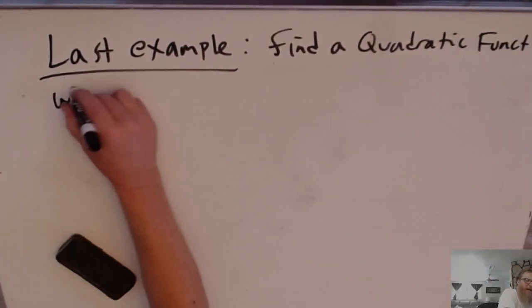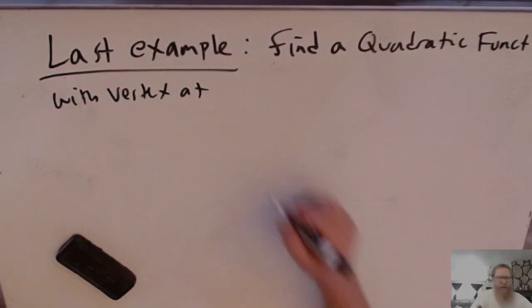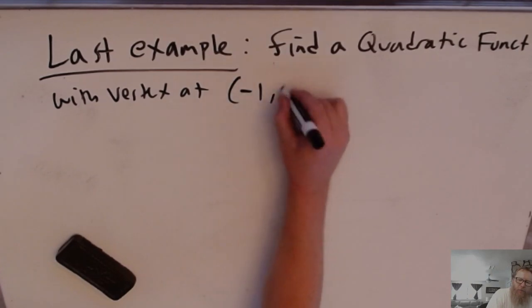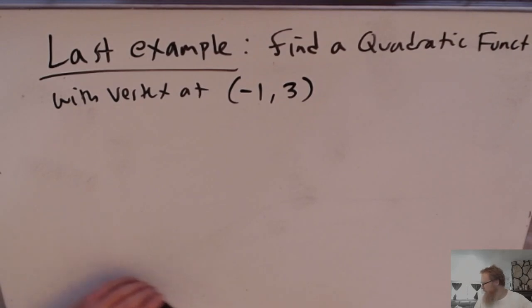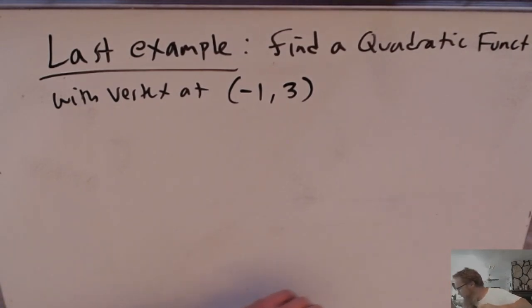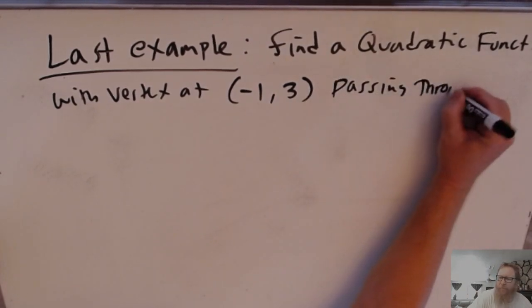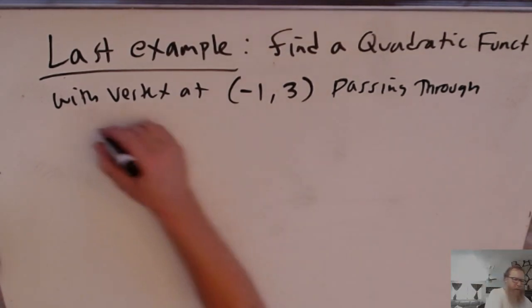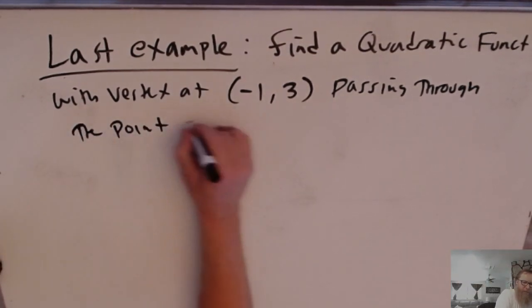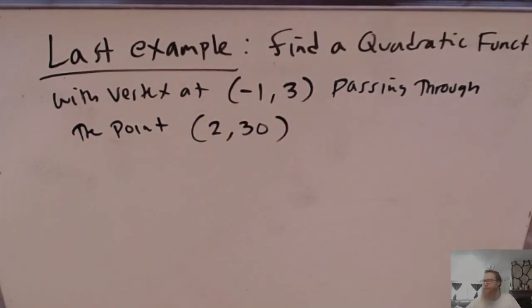With a vertex at -1 and 3, passing through the point 2, 30.